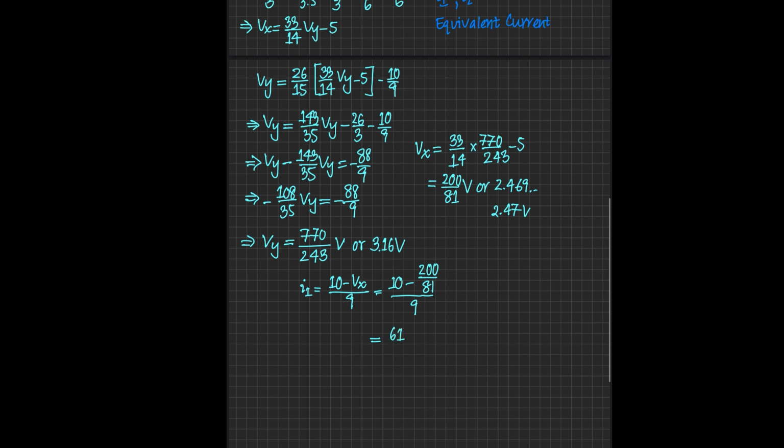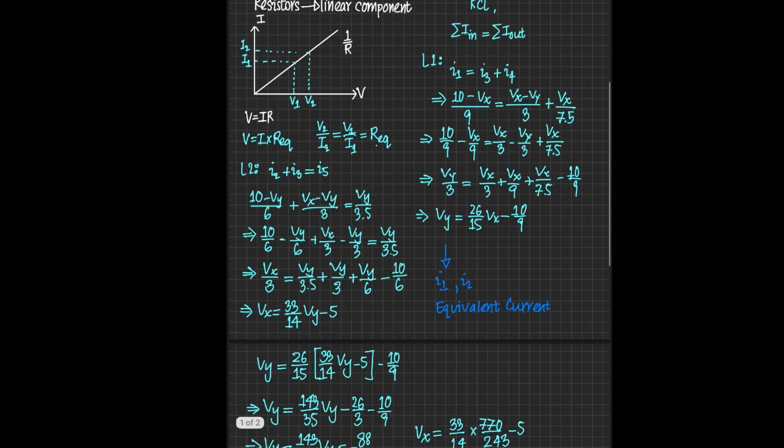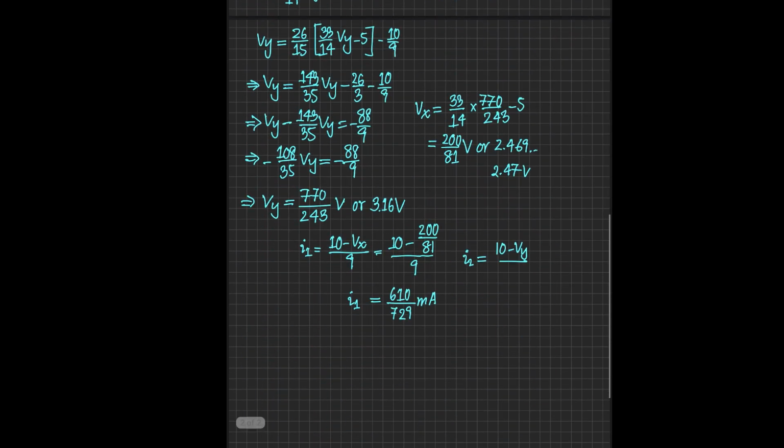So 610 by 9, actually milliamps. I2 is equal to 10 minus Vy by 6.